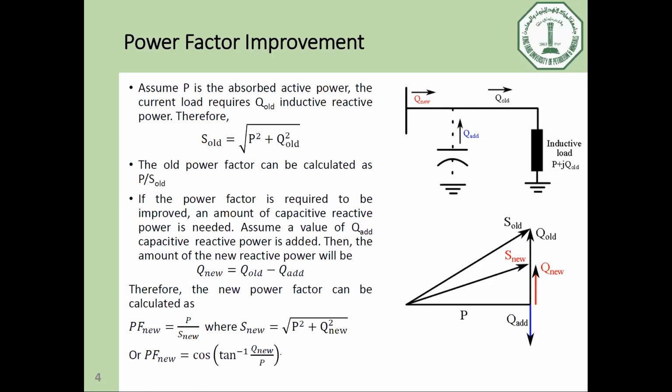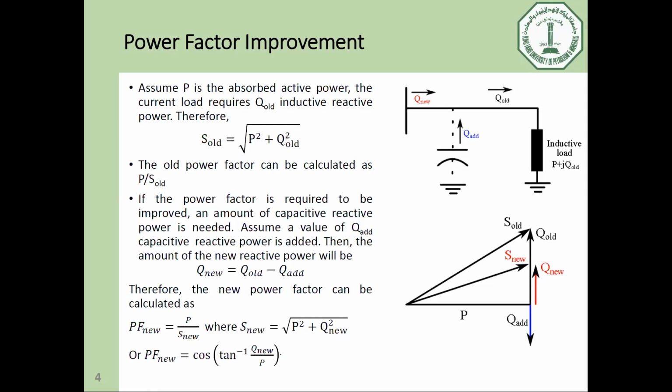So if Q old is positive, Q add is positive also. No, I described it for you just by using these arrows here, using node analysis. However, the physical meaning: Q add is capacitive and Q old is inductive. So you cannot give both of them the same sign. Is it right? Okay.